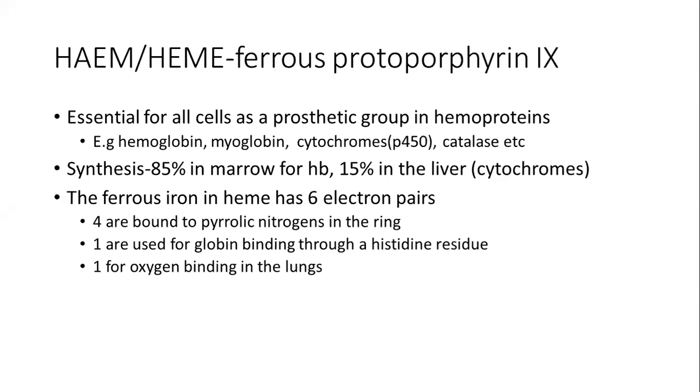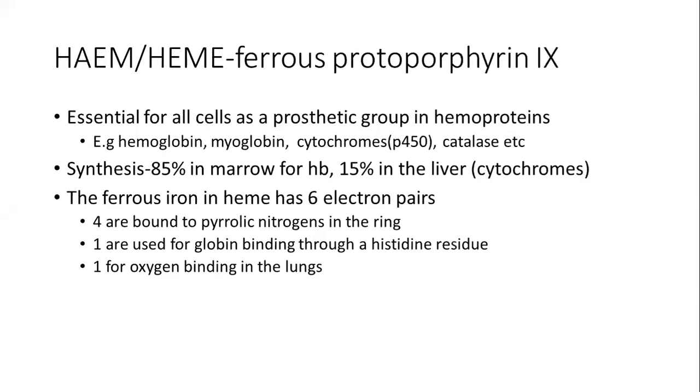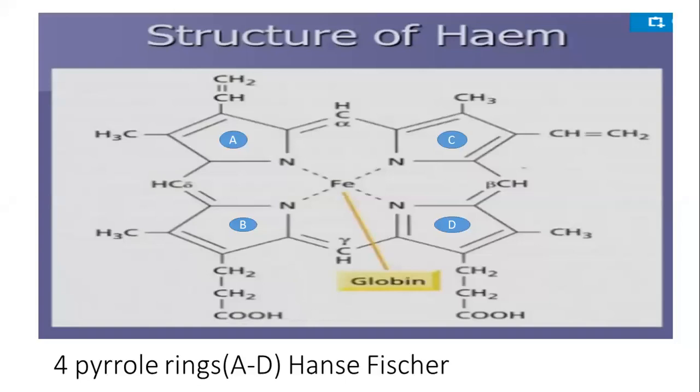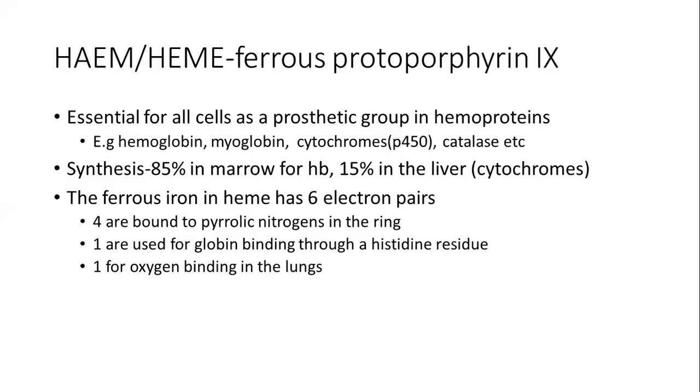So when you get heme, and heme is nothing other than ferrous protoporphyrin 6. Is it 6 or 9? Protoporphyrin 9. Sorry, guys. When you have the 4 chiral rings with iron in the middle, it makes these rings be called ferrous, because now there's iron already incorporated in it, and it is a protoporphyrin ring that we are talking about.